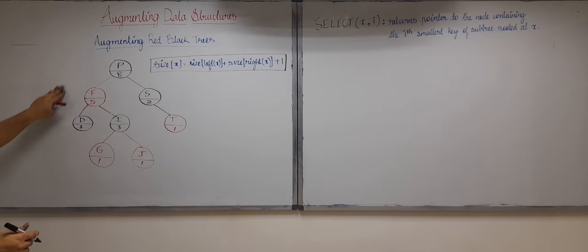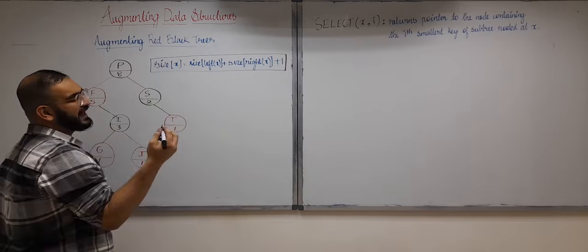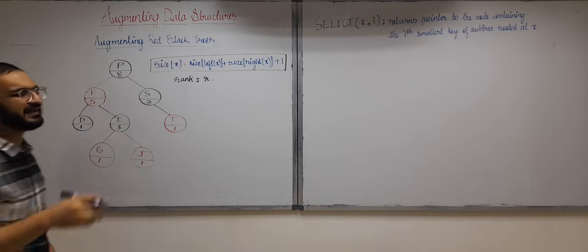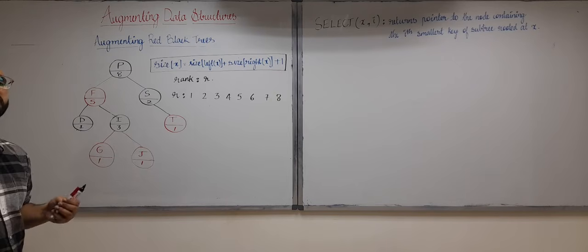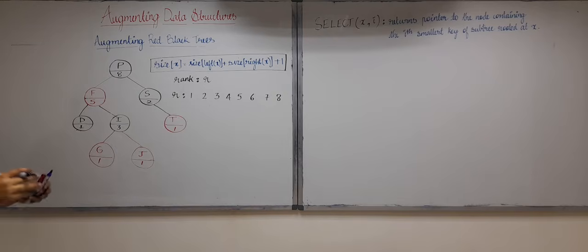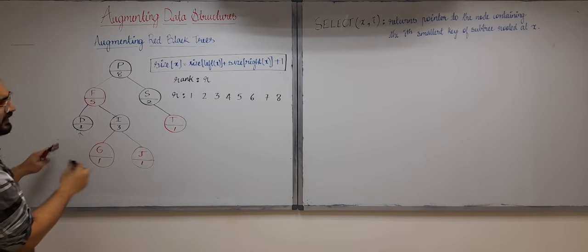So it is the position of that node. If we do the in-order traversal of this tree, and I am denoting rank as R, okay? Now if I want to find out the rank for each and every node, let us do an in-order traversal to find out the rank of each and every node. So in the in-order traversal, D will come first, right?